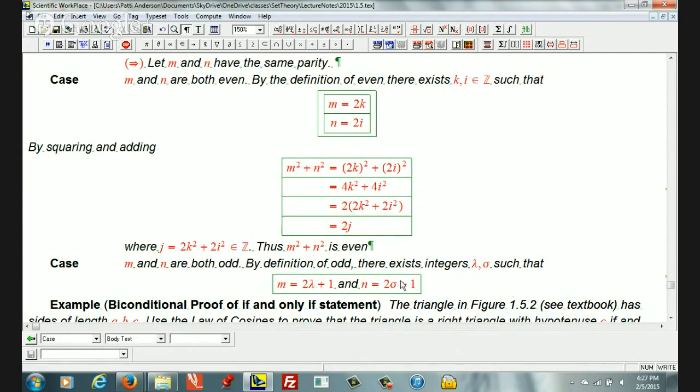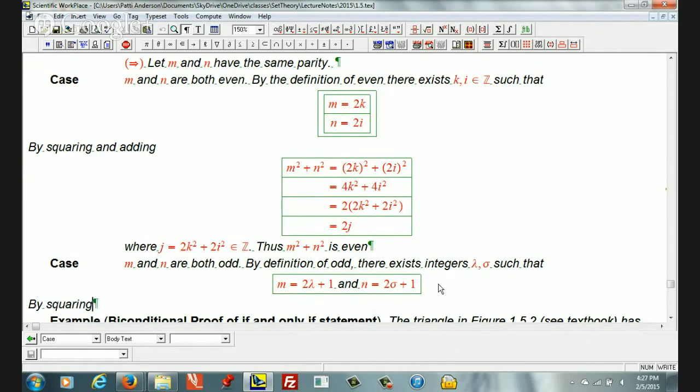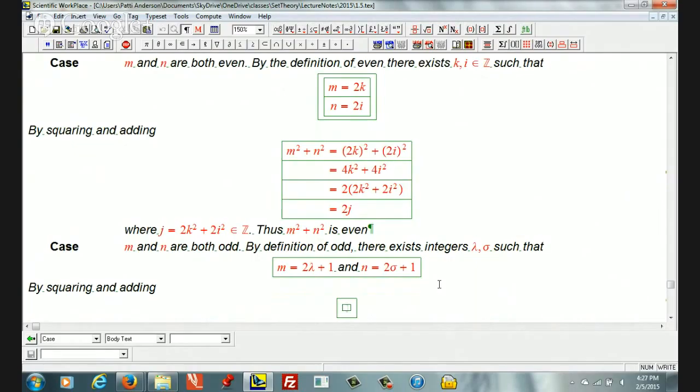Okay, so then what did we do next? We can either work to the end or square that. Yeah, by squaring and adding, or substitution, however you want to say it. So that's going to be 2 lambda plus 1 squared plus 2 sigma plus 1 squared.